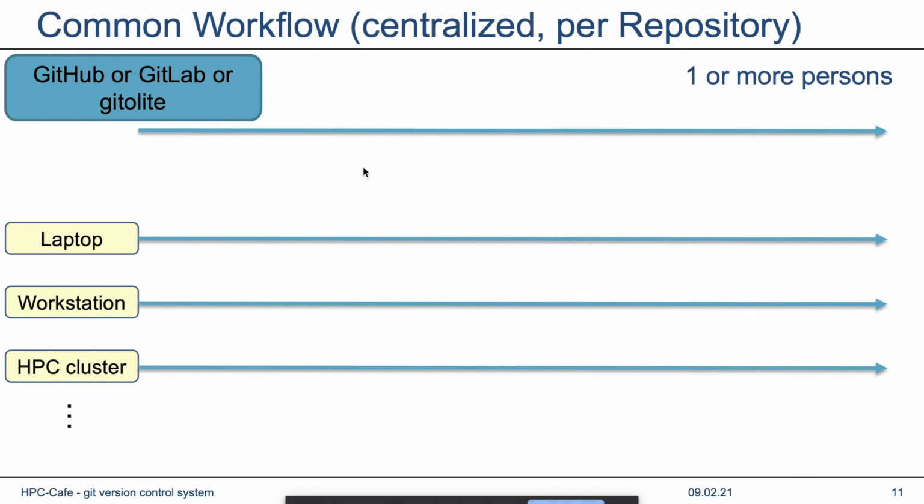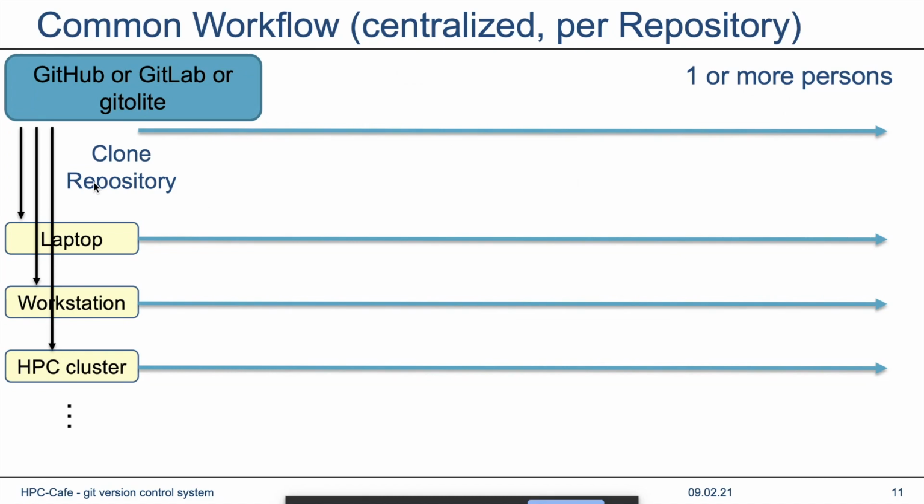Now the first thing you want to do is get the software project to your different computers where you want to work on it. This is called to clone a repository. So you get a copy of the repository on each of those computers. Then you start working on it, which in a version control scheme means you apply changes.